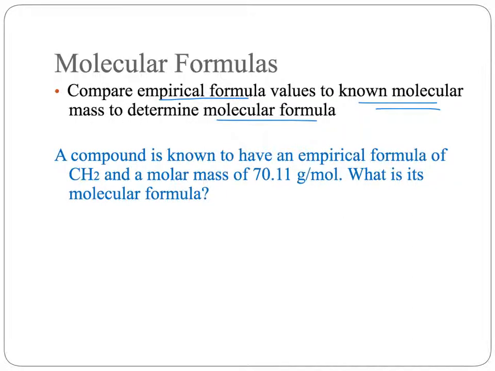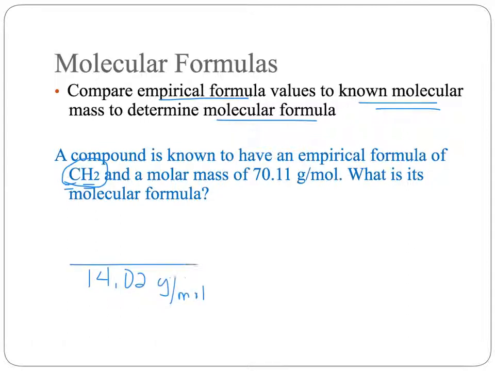In this case, you want to go to the periodic table and see what is the mass of the empirical formula, so that we would have 12 for carbon plus 2.02 for hydrogen. So we'd add that all together and you're going to get 14.02. This is grams per mole.